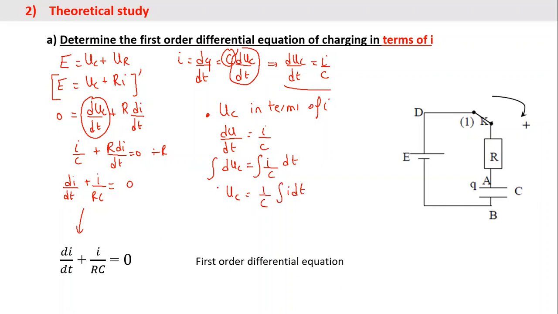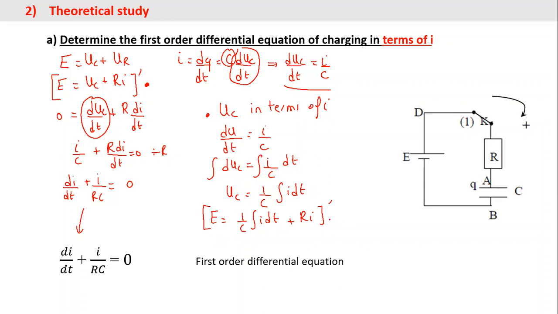And then I can find another differential equation by substituting in this equation. So we'll get E equal 1 over C times the antiderivative of I dt plus R times I. Now here we can't have an antiderivative in the differential equation, so I can differentiate both sides.